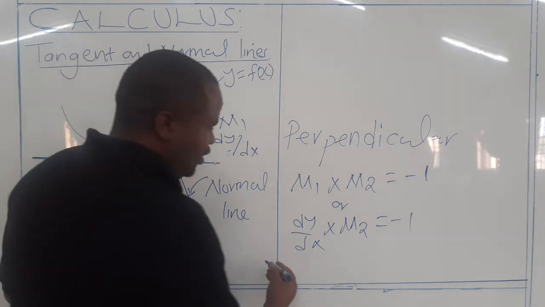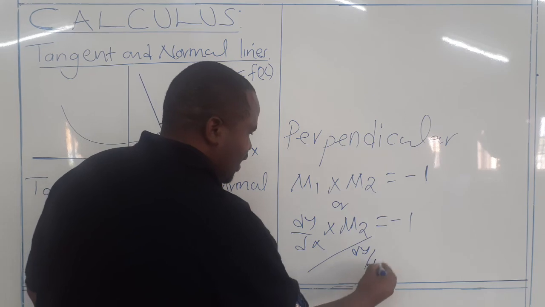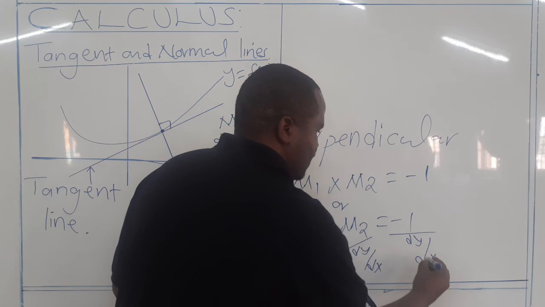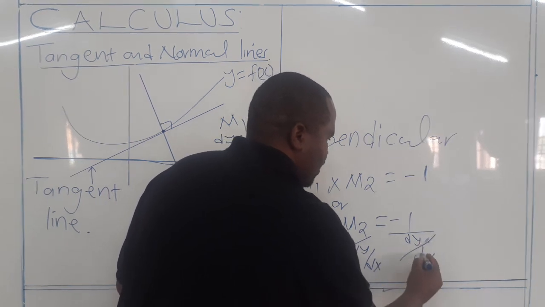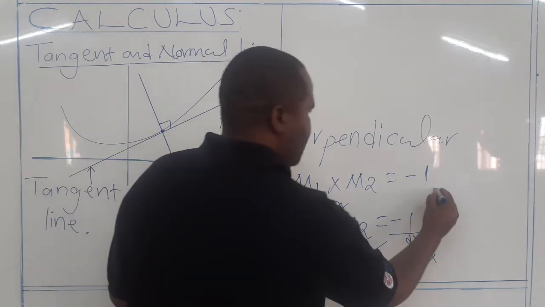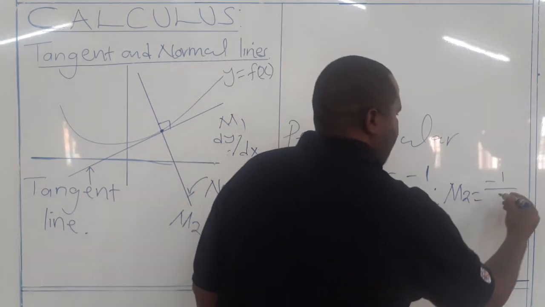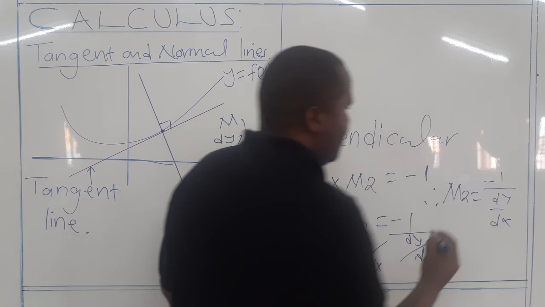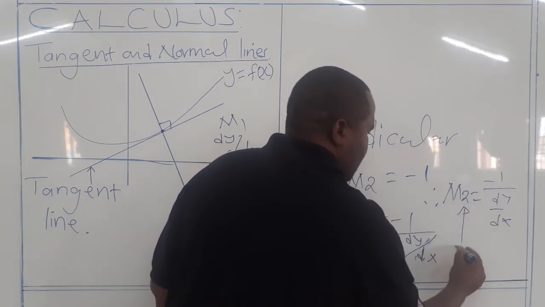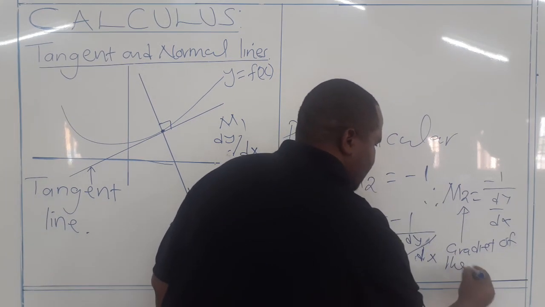Now, dividing both sides of the equation by dy/dx, the dy/dx cancel. This means that we have m2 equal to -1 over dy/dx, meaning that this is the gradient of the normal line.